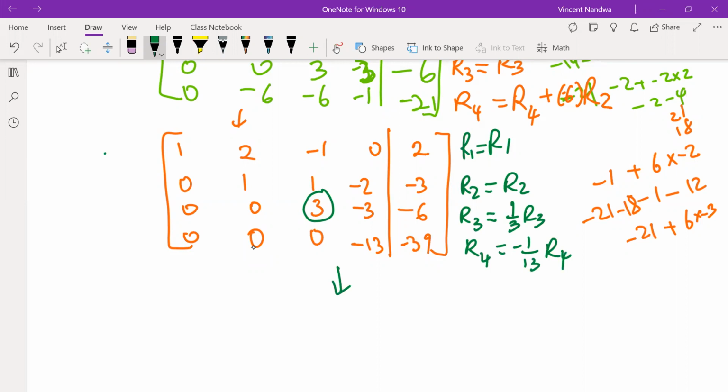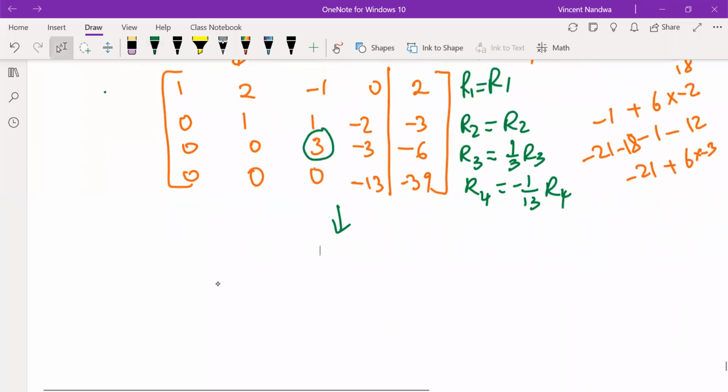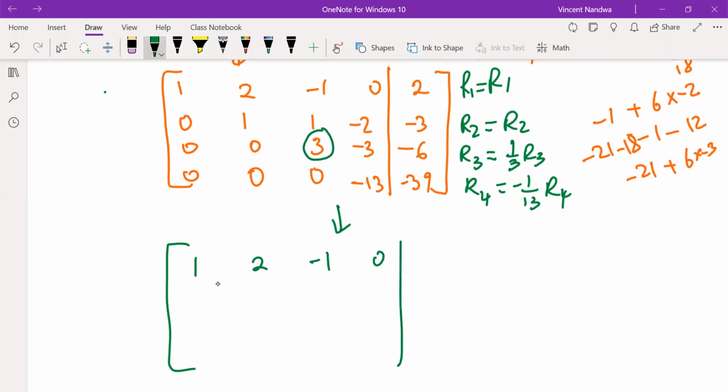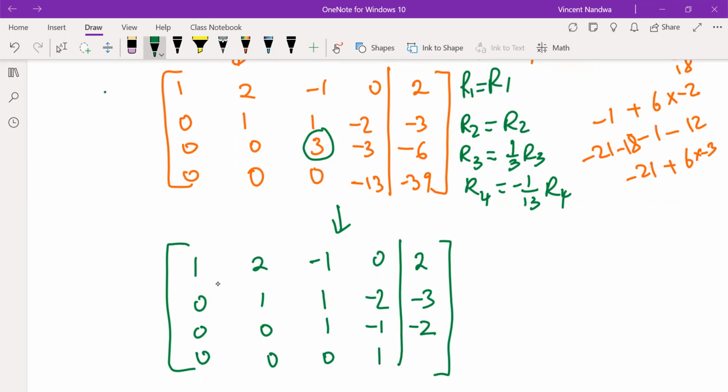So that will lead me into 1, 2, minus 1, 0, 2, 0, 1, 1, minus 2, minus 3, 0, 0, 1, minus 1, minus 2, 0, 0, 0, 1, 3.